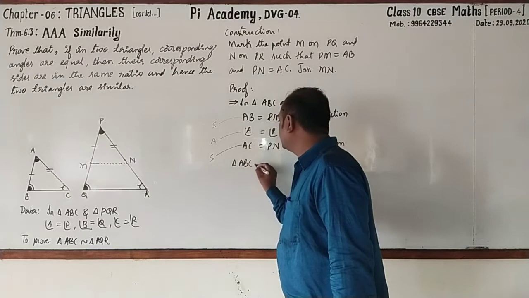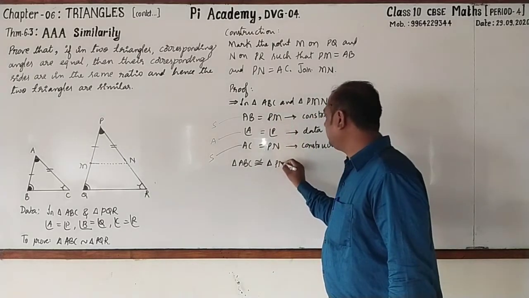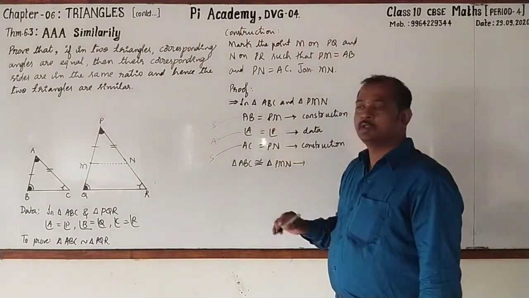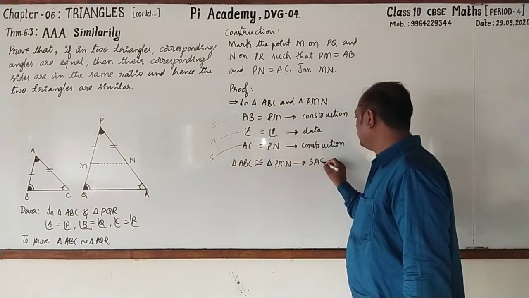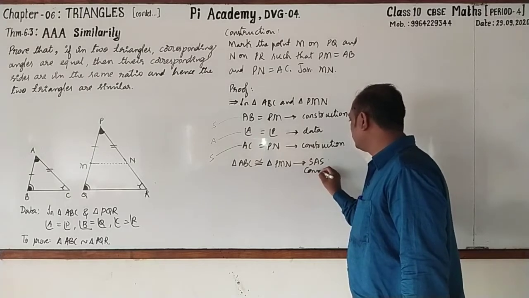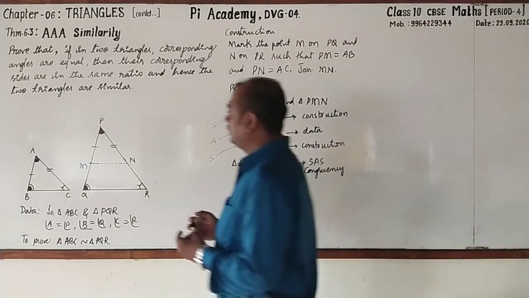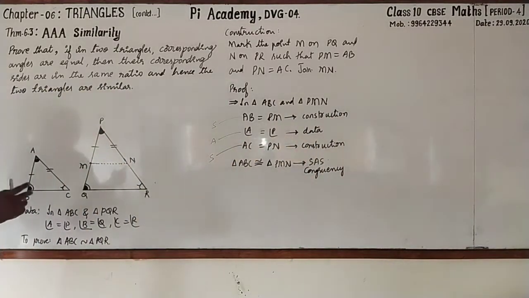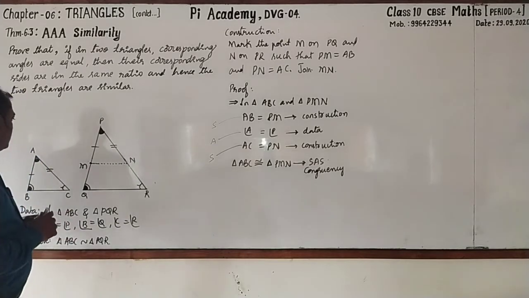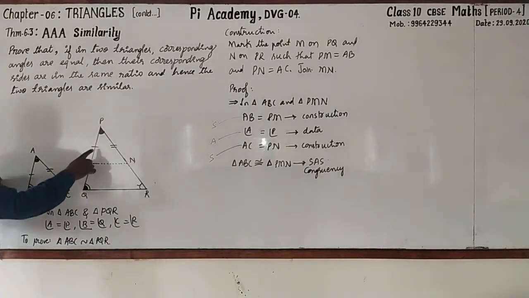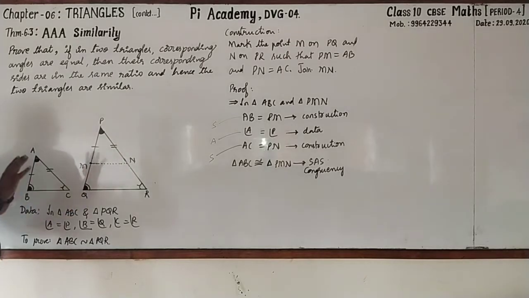Triangle ABC is congruent to triangle PMN, because of SAS congruency rule, or you may just write congruency only. We also know that when two triangles are congruent, their corresponding parts will be equal. Now I go for taking angle PMN and angle B. They are equal, right?